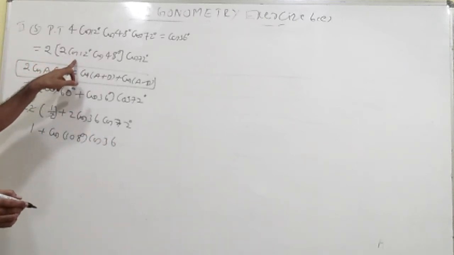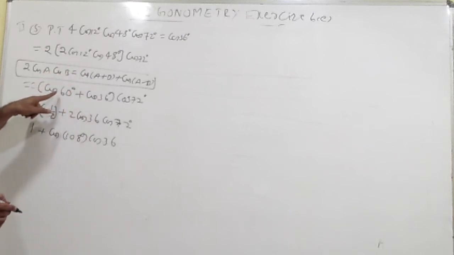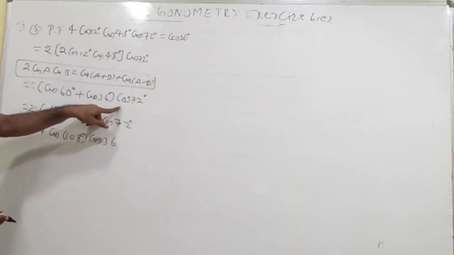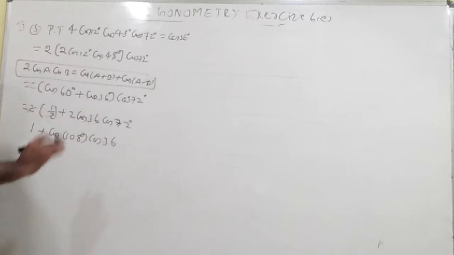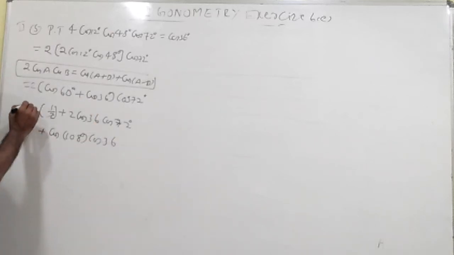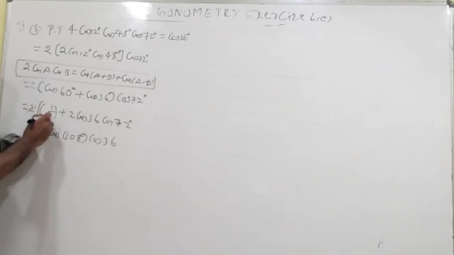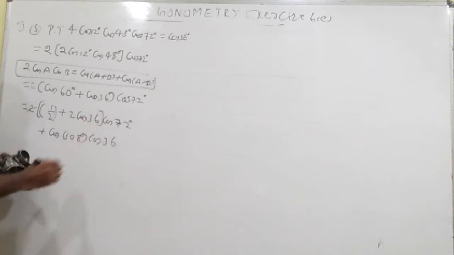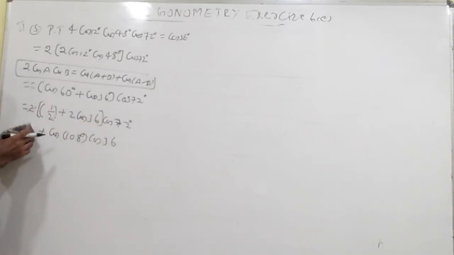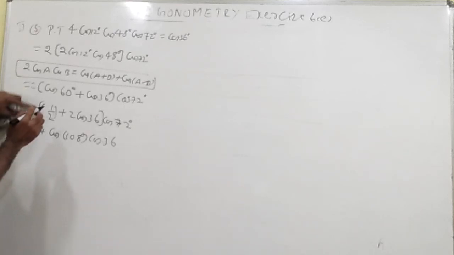Outside that, again you should multiply. Not only 1, here we should multiply like this. 2 into, we should not get cancelled. Now we should write cos 72 also. Whenever 2 and 2 get cancelled, no. Next step we can write.